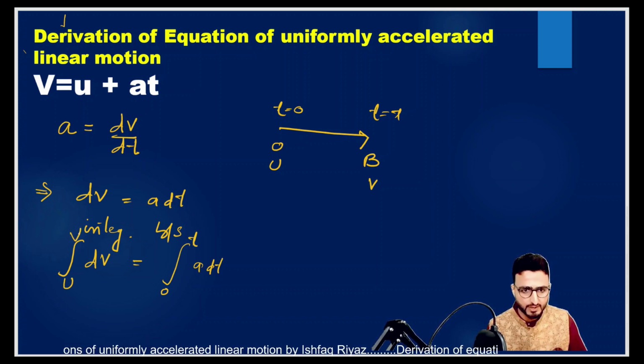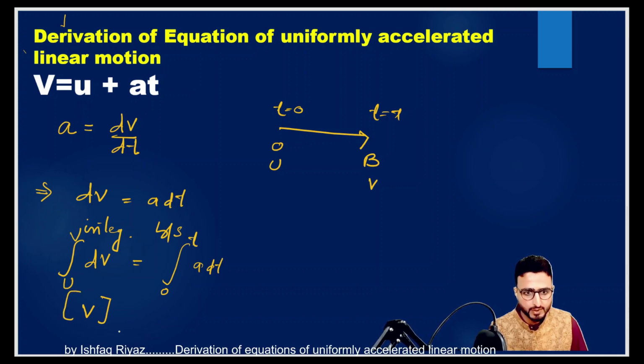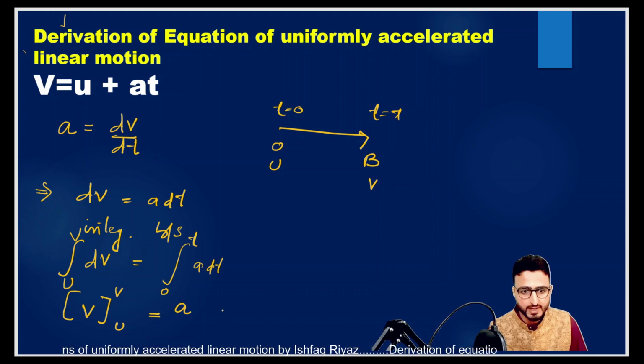Okay, so we know integral of dv is equal to v and the limits of integration, let me write it here, from u to v. Right? Since acceleration is constant here, I can take it out of the integral, and integral of dt is equal to t, and again the limits of integration here are from 0 to t. Right?